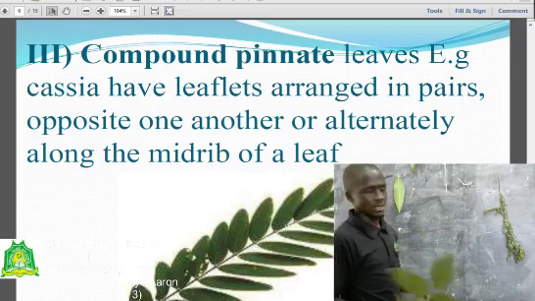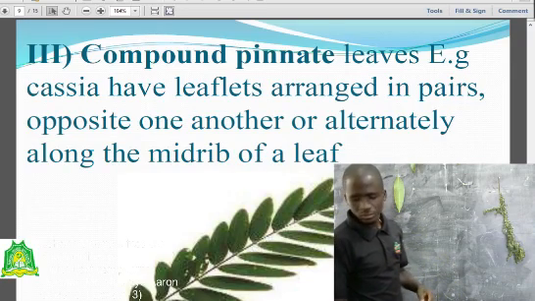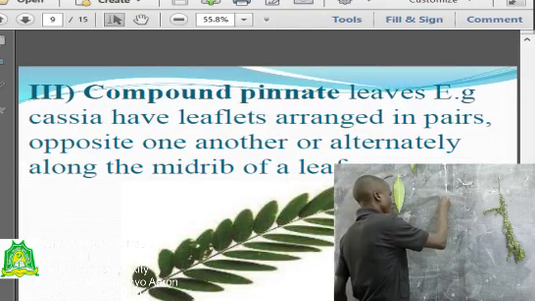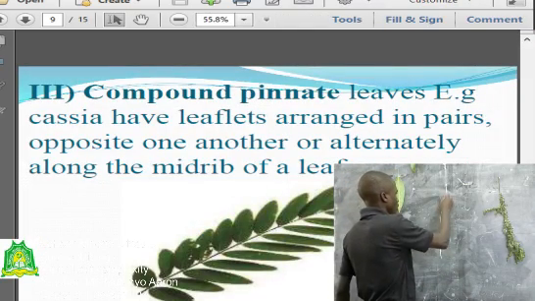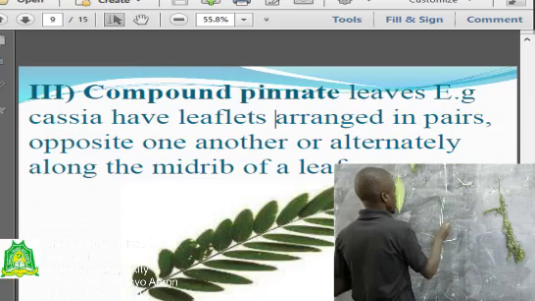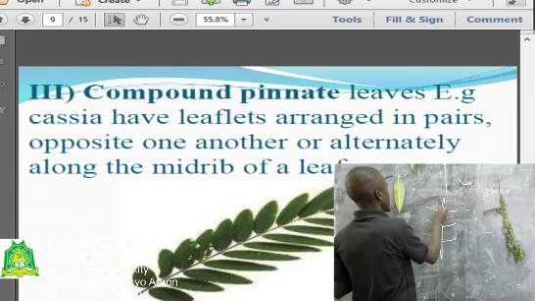This is just an illustration. But then, how unique it is that the leaf has a leaf lamina like that, which is divided into leaflets of this nature, leaflets of that nature, like that.